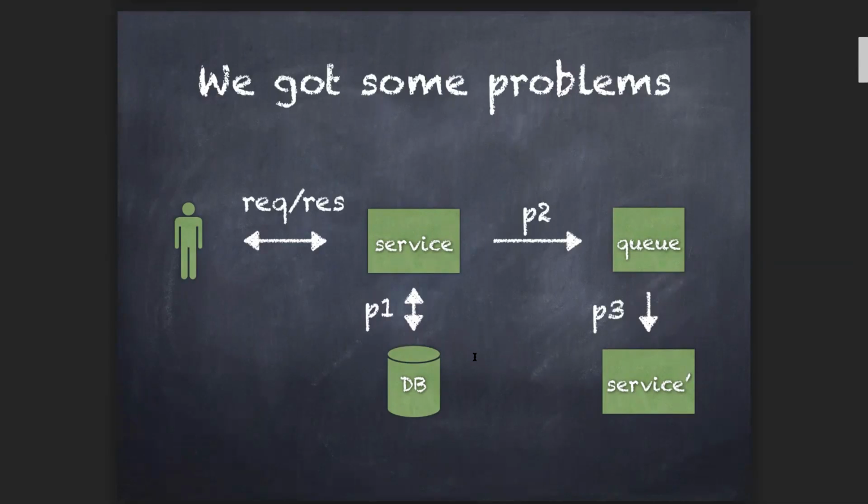If something happens, the message will be sent to the queue, and for integration, the other services will listen to the queue. So, are you using this pattern for your services? Yeah, are you? Okay, I found some problems with this one.